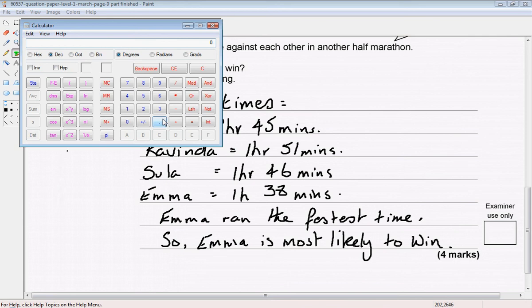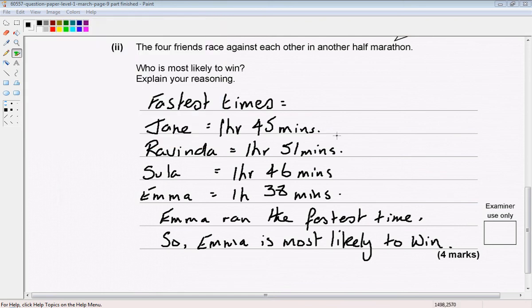So it's very dangerous to use a calculator for time, because we're dealing in units of 60, and the calculators that we use are working obviously in tens, hundreds and thousands. So when you're working with time, particularly if you're dealing with hours and minutes, the safest way to deal with it is to divide the time into minutes.